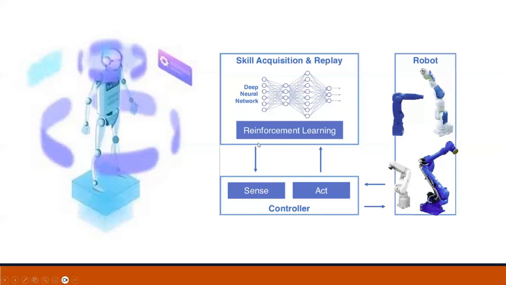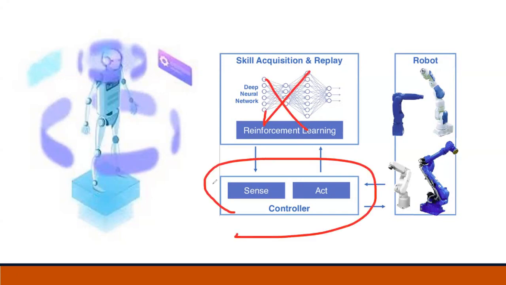So smart control is this: in the past, you sense and you plan, and the planning part can be a traditional algorithm. Now it's different. Now you have machine learning and deep neural networks to learn. That's modern-day AI control. If you don't have this AI part, it is still robotics; robotics can be traditional without it.